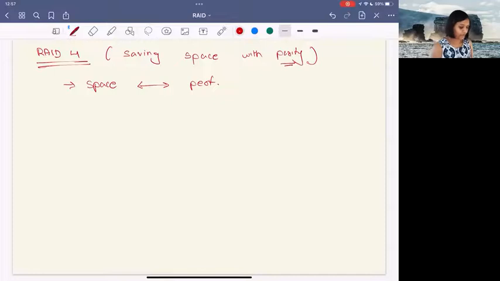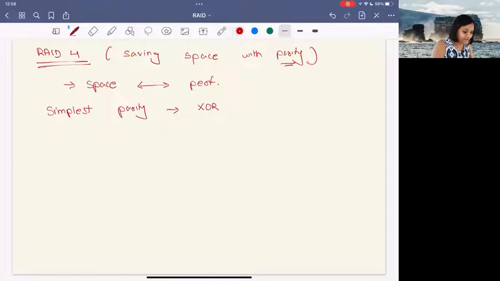We use the word parity over here. We wouldn't be going in depth into the different mechanisms to calculate parity, but just to ensure that you're not alien to that word, because otherwise you would not understand RAID 4. The simplest form of parity could be the XOR gate. I hope everybody is familiar with gates: NAND, NOR, XOR, OR, and all this.